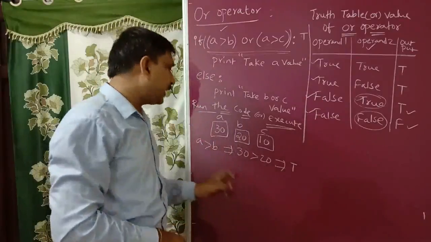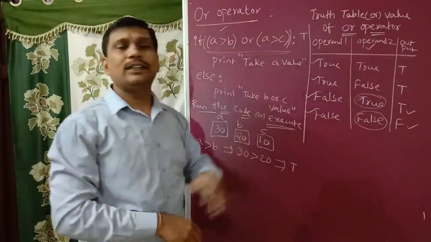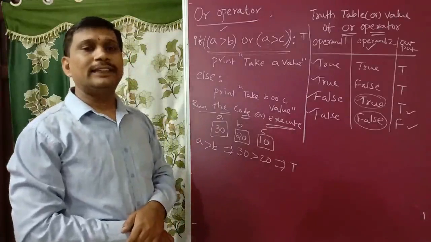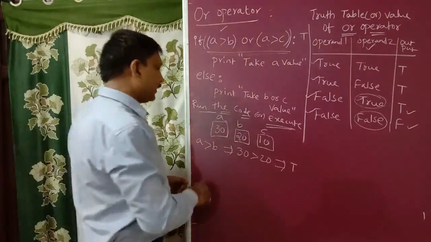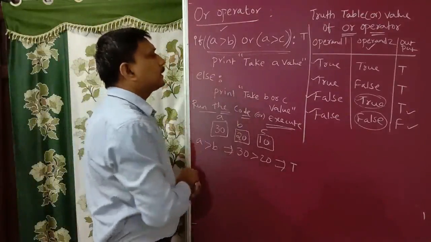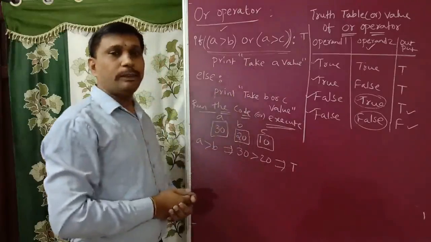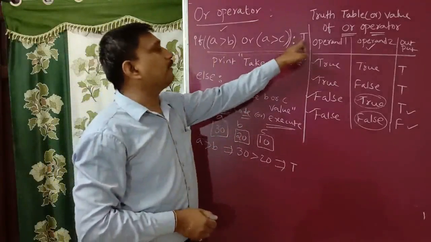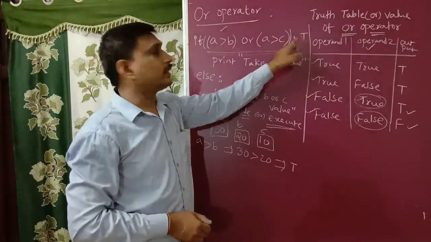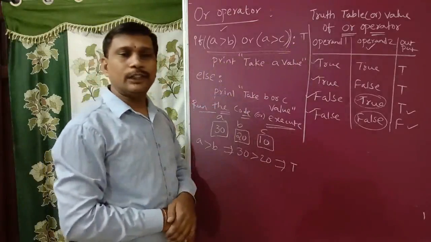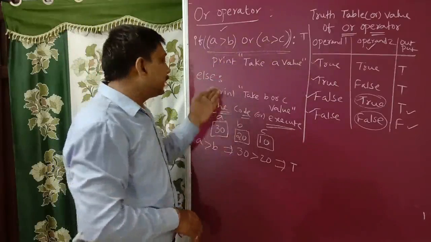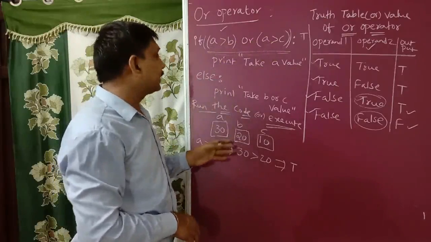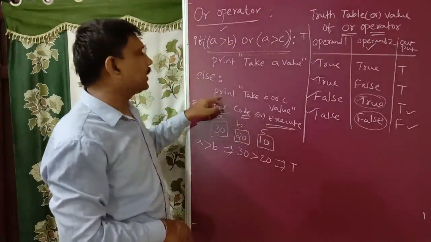That is how the OR operator works. Next, it prints "take A value", because the entire condition evaluates to true. If the condition evaluated to false, we would take the else part, but in this case it does not go through the else part.